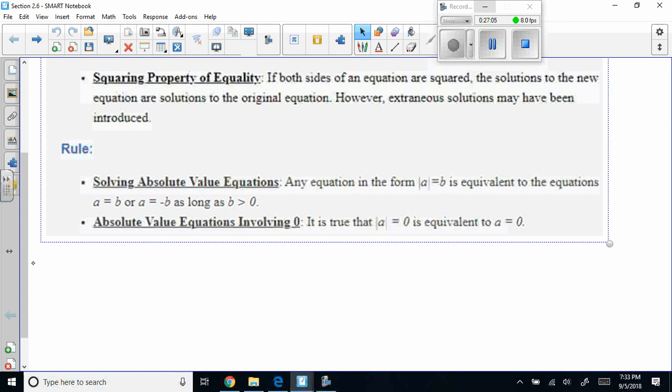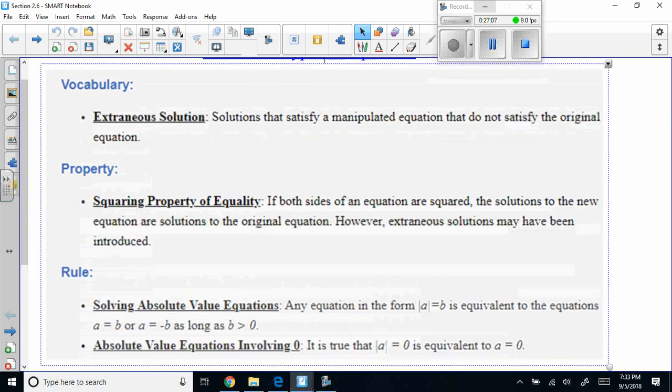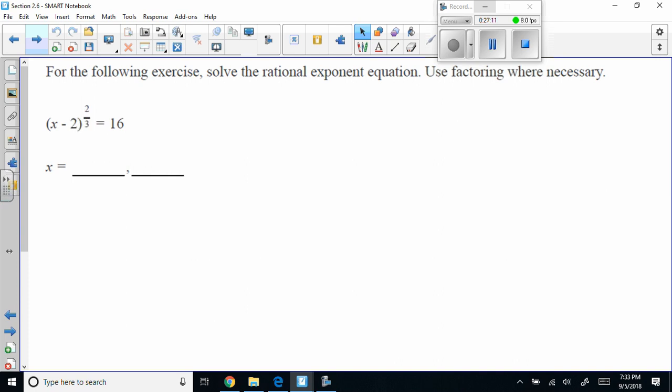So here we go. All right. Snap, crackle, pop. For the following exercise, solve the rational exponent equation. Use factoring when necessary. Ladies and gentlemen, first things first, I'm going to raise this to the third power.